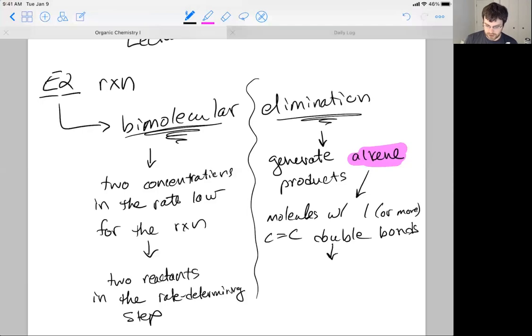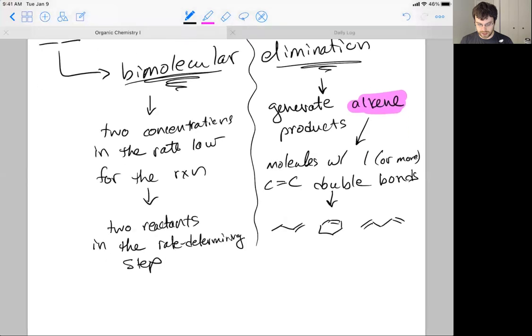What we're talking about would be something like this, something like this, something like this as examples. So we have the bimolecular elimination reaction.